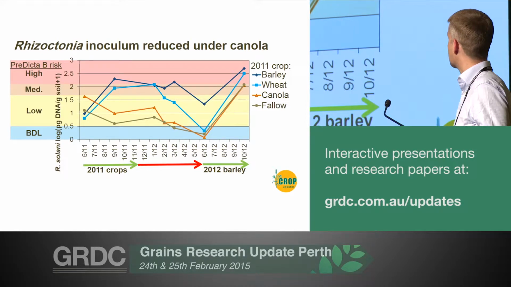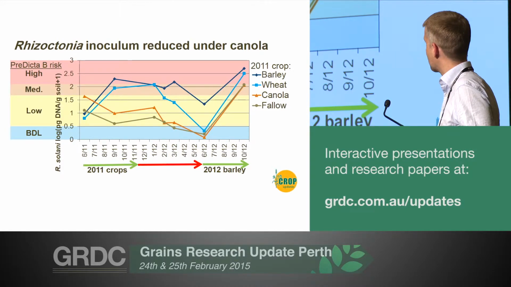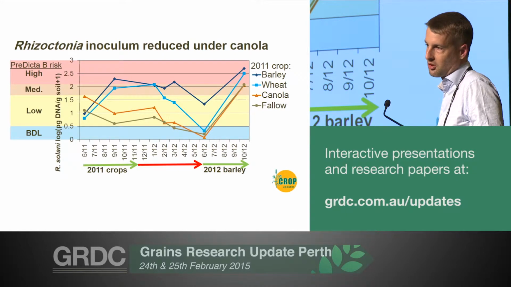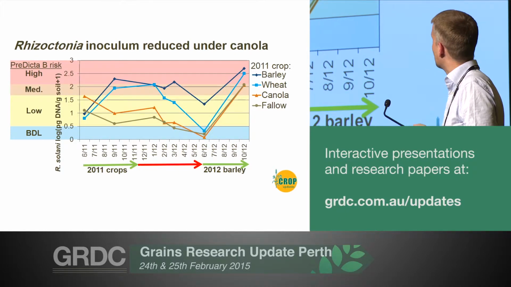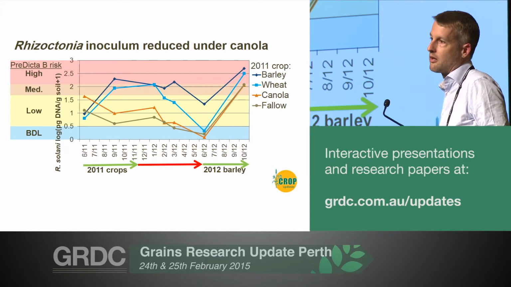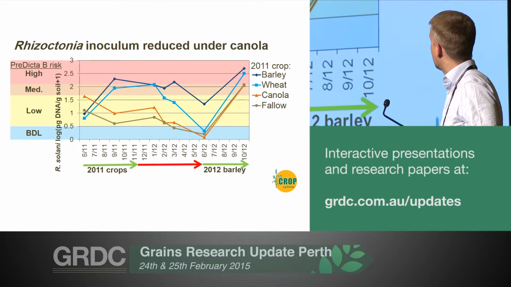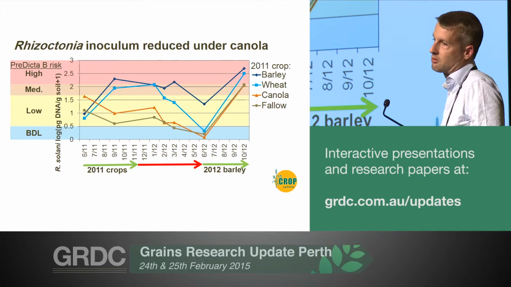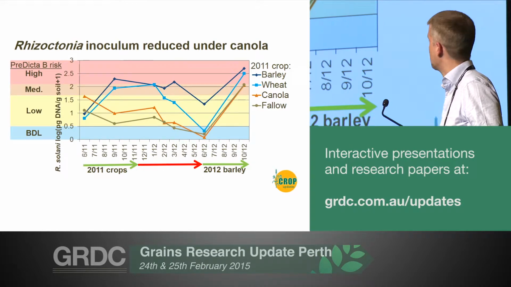That's the important point, so I'm just showing you that same effect that I just showed with the focus paddock. But when you look over summer, autumn, the inoculum is going down, but for barley it still sits up fairly high in that period compared to canola, and wheat even goes down to quite low levels too in this case.